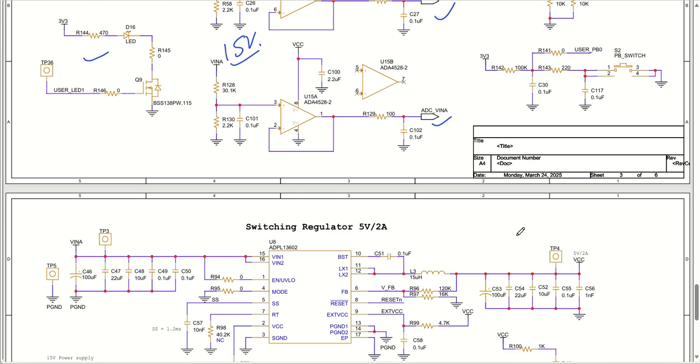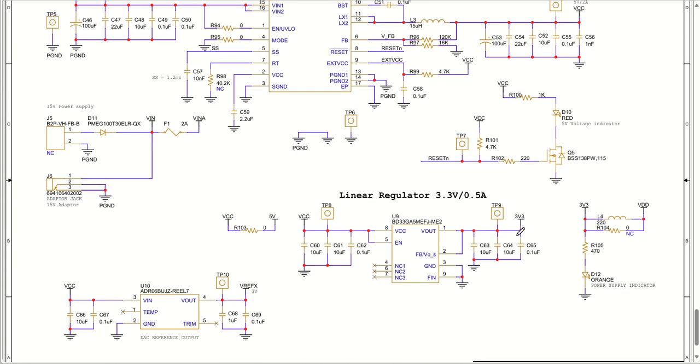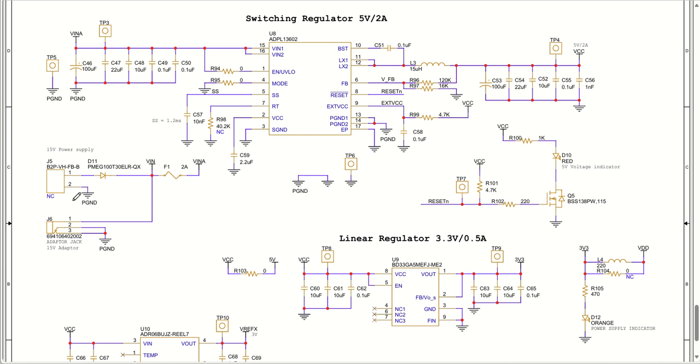Okay. Coming back to the power supply. We need a power supply connector which can be connected as 15 volt, or we can have a 15 volt adapter as well. This 15 volt adapter will pass through the fuse, which will be renamed as V in A. This V in A comes here and gets converted to 5 volt 2 amperes.